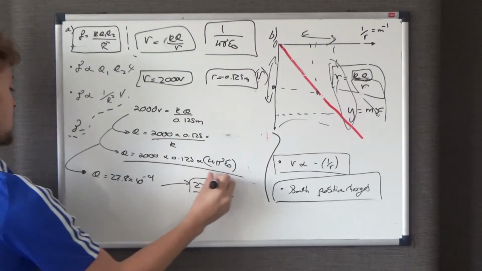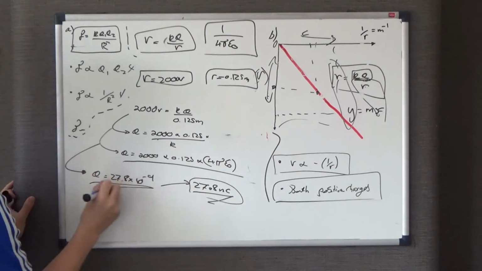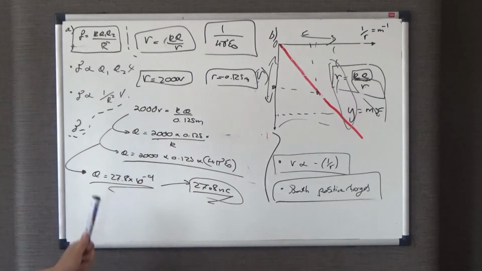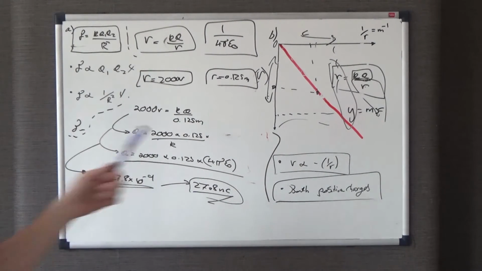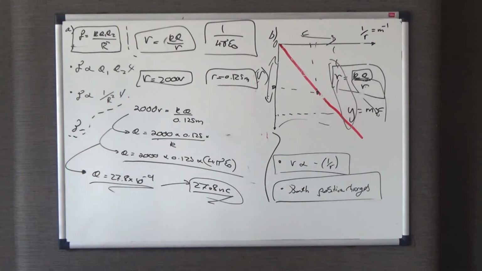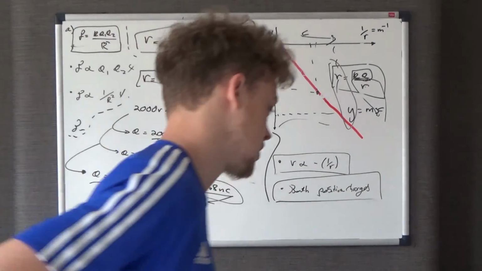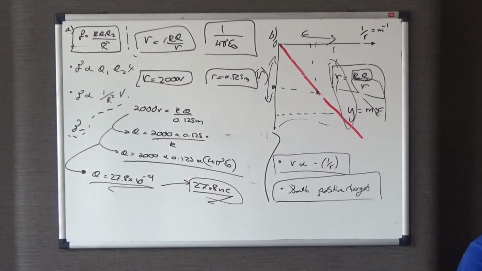When you get this answer, you will get the answer in coulombs, so you have to convert it to nanocoulombs, and again, it's just times by 10 to the 9 or divided by 10 to the minus 9. Either way it's the same. So very easily, just rearranging the equation with numbers. Nothing too difficult there.